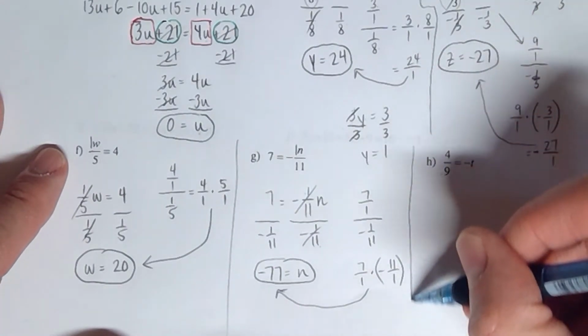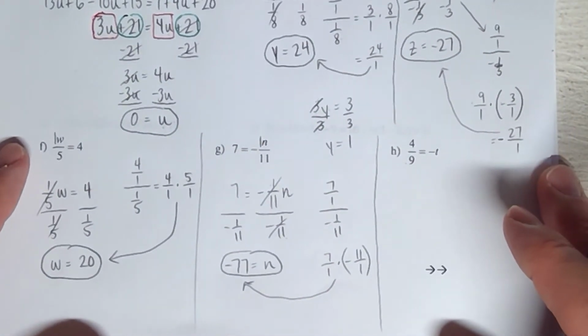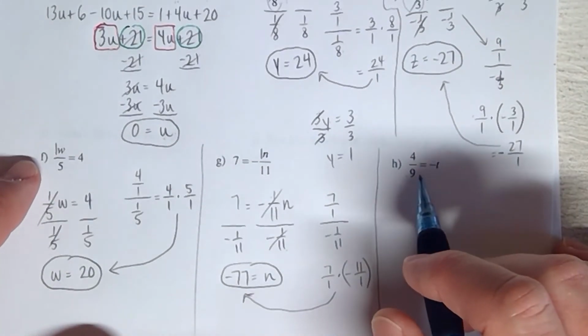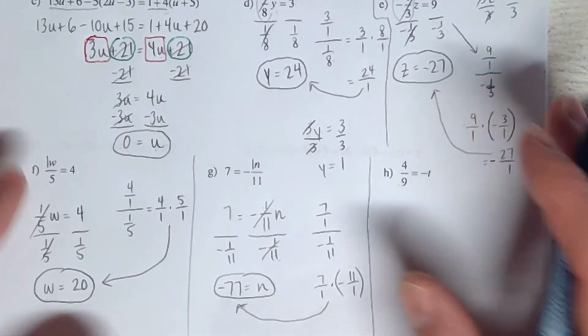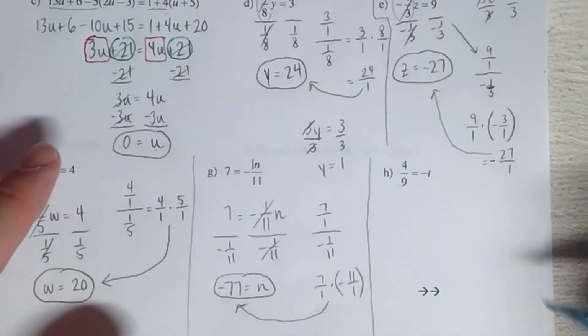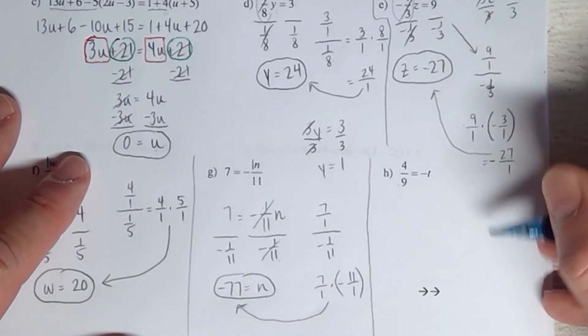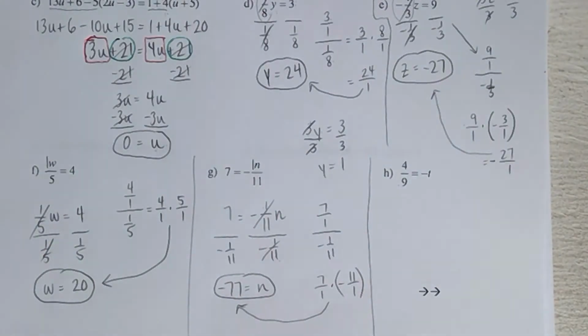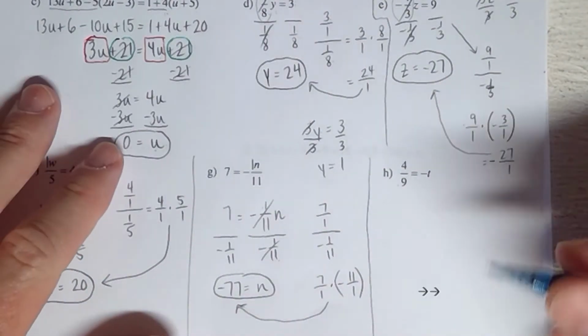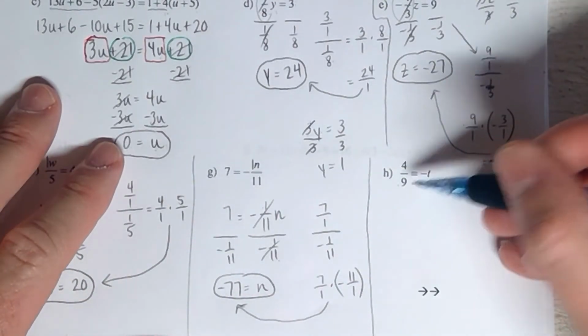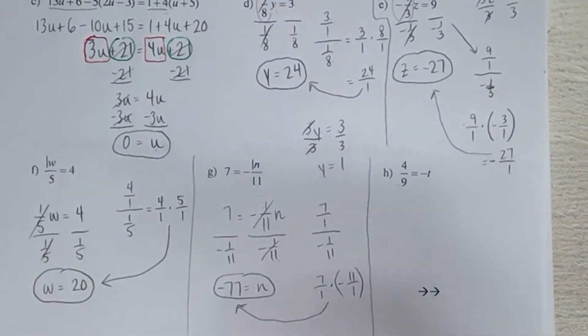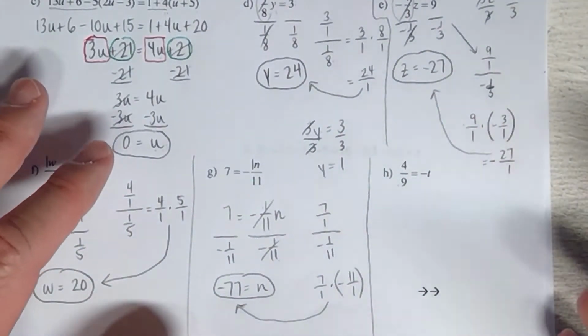This last one here is a little bit different because this time the fraction is not on the same side as the variable. In the previous 4 problems it was. What I want you to realize though is, again, the fraction doesn't have a variable in it, right? So as I mentioned previously, because it doesn't have a variable in it, it behaves in the same way as just a normal number that doesn't have a variable in it.